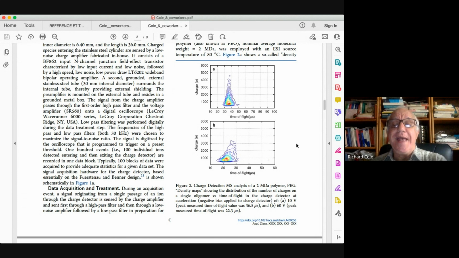All right, and I'll mention that a group like the Gerald group at Indiana, they have a very sophisticated device where they've put a type of electric sector, an energy filter, before their charge detector. So they have very clear, precise control of the energy of all the particles that they're measuring.